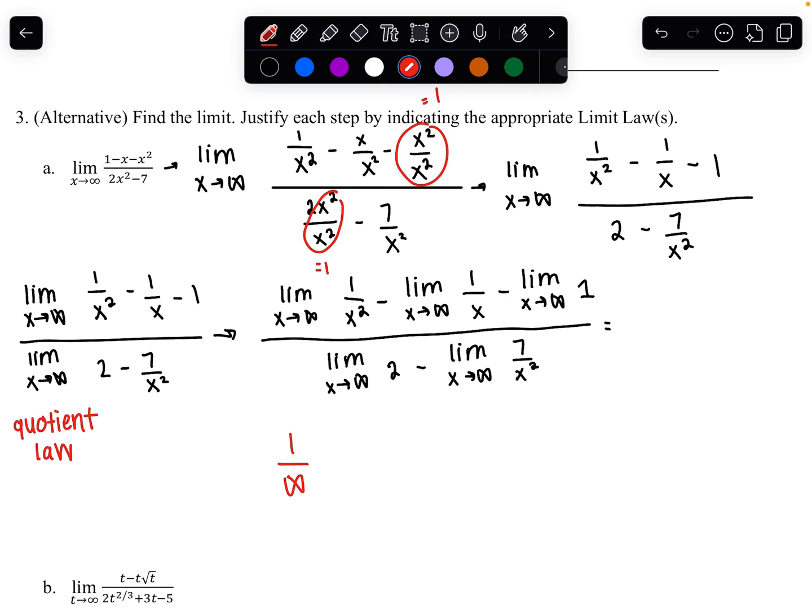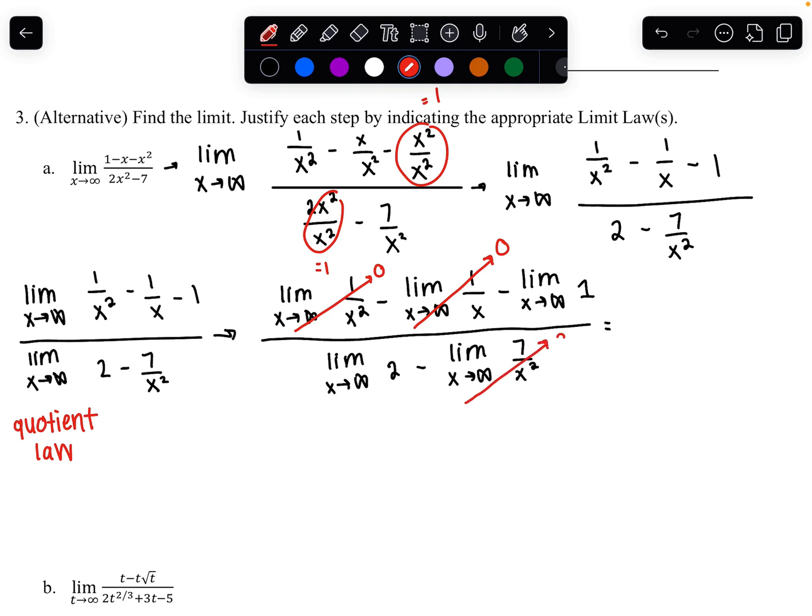Like, start typing in a bunch of numbers. Ooh, that's a really, really small number. So where is this going? 0. So this is going to go to 0. This is going to go to 0. Guess what else is going to go to 0?